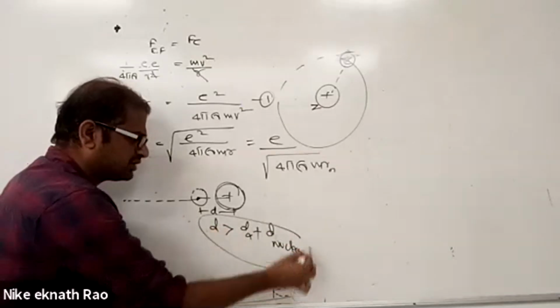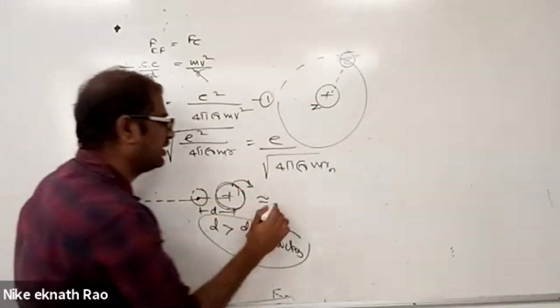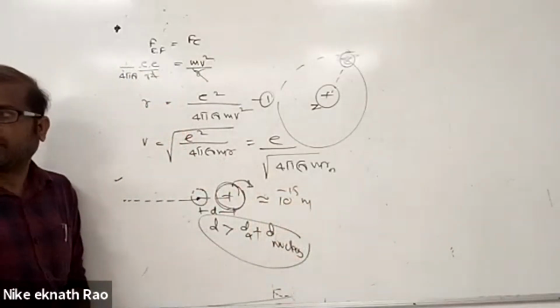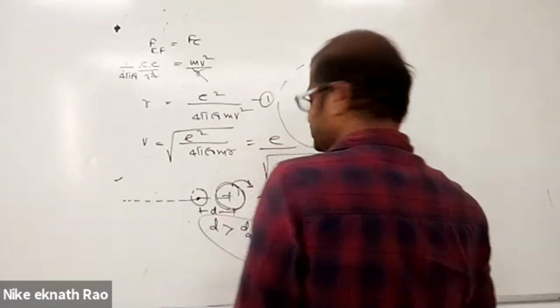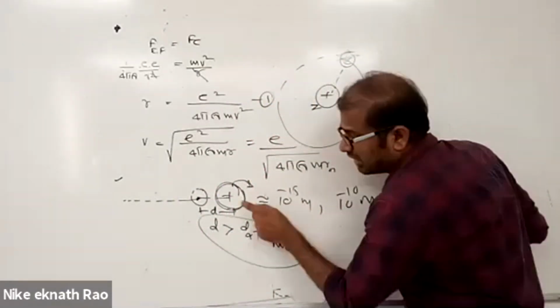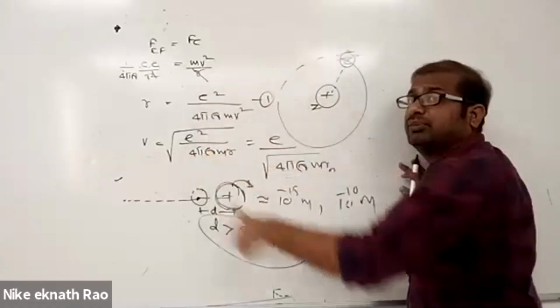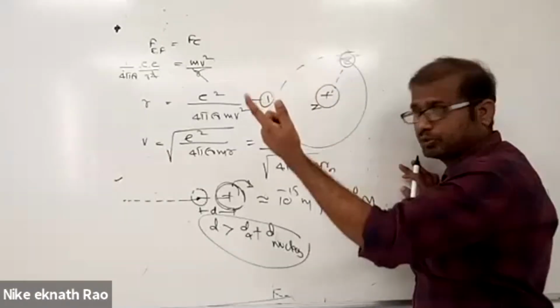From these experiments we conclude that the size of the nucleus is of the order of 10⁻¹⁵ meters, and the size of the atom is 10⁻¹⁰ meters. So the atom is nearly a hundred thousand times larger than the nucleus. From this, we concluded that a large amount of empty space is there between the nucleus and the atom size.